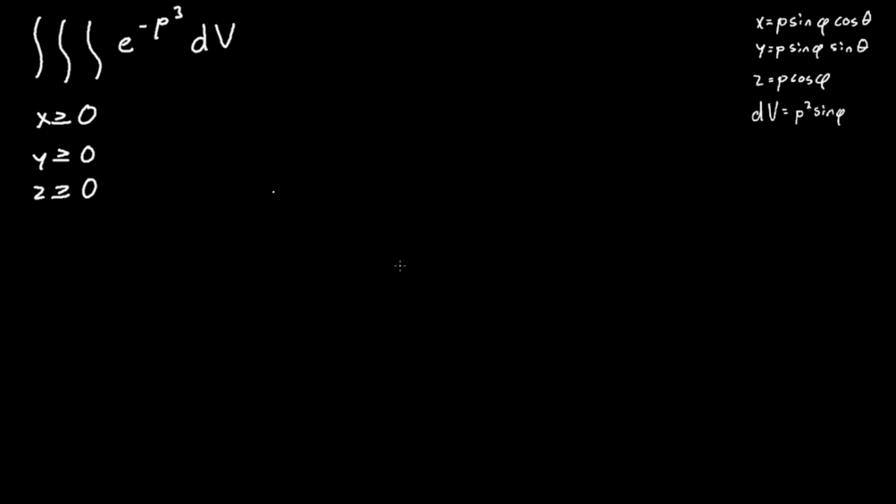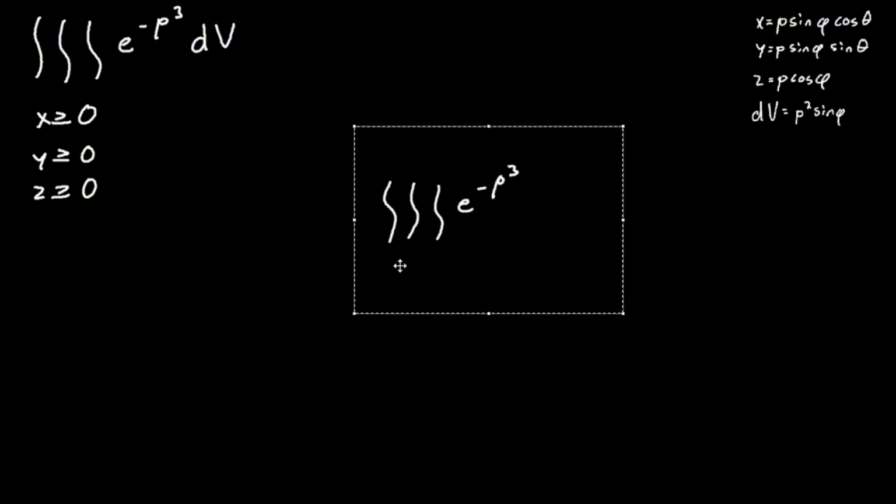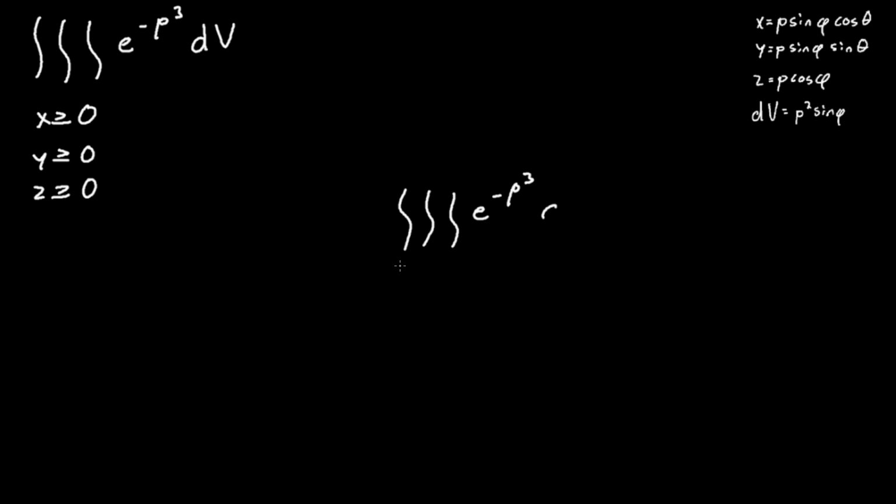How do you write the bounds for this? Well, I didn't even know this until ChatGPT told me. Your p bounds will be from 0 to infinity. So we're going to get some type of improper integral that we can solve for, of course.